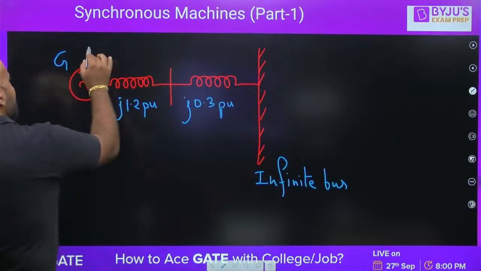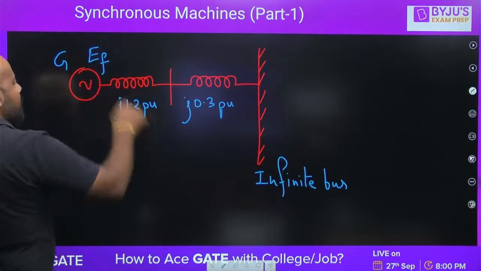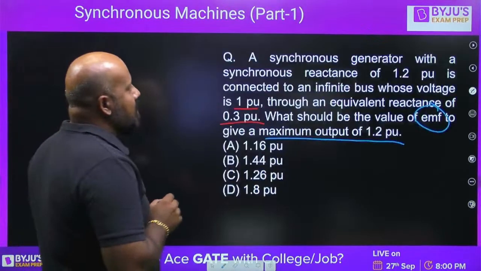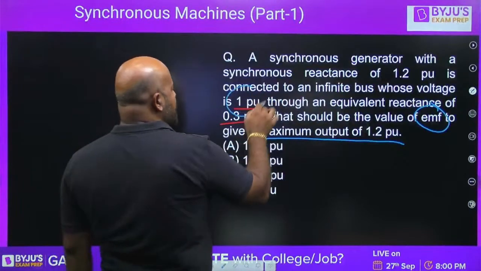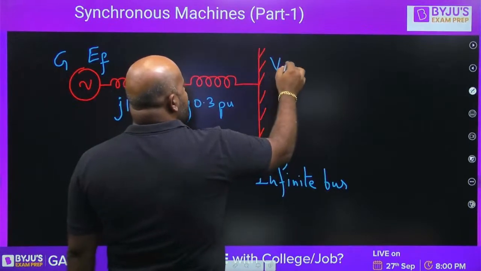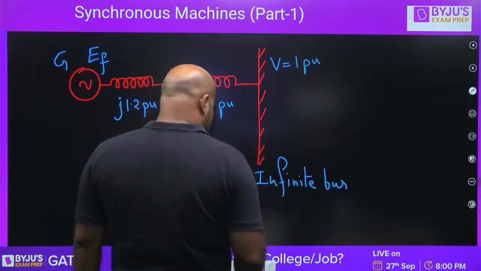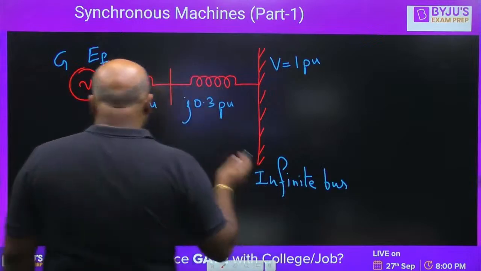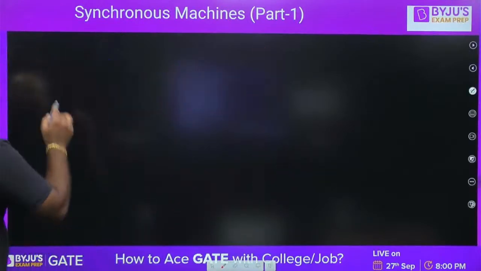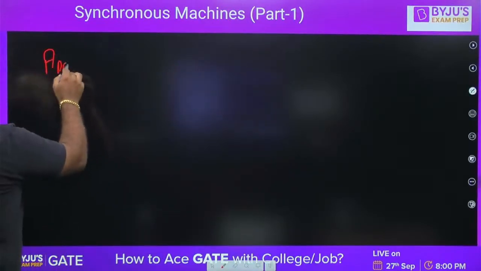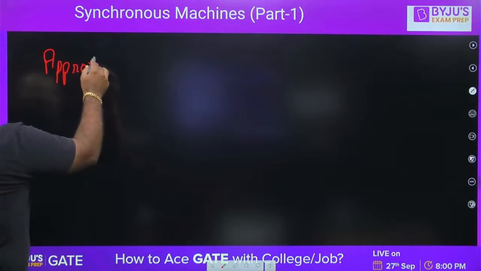Suppose this excitation EMF we are assuming as Ef, and for the infinite bus, the terminal voltage is mentioned as 1 per unit. Now you know it's very simple because we are going to use the approximate power angle equation.